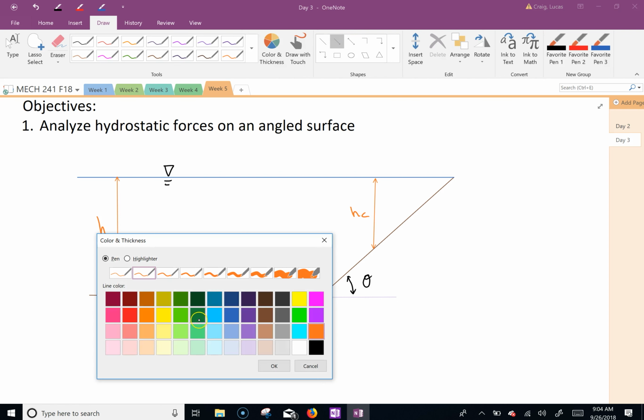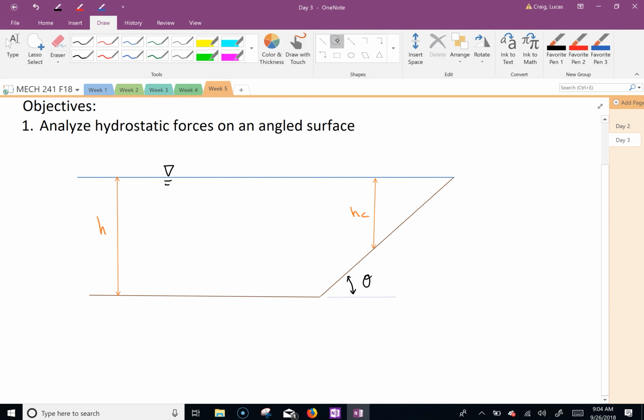So if I label a hydrostatic force, we know it's going to be down below. Is it going to look like that? No, because pressure force is always perpendicular to the surface. So that technically is wrong. It should be something like this, right?